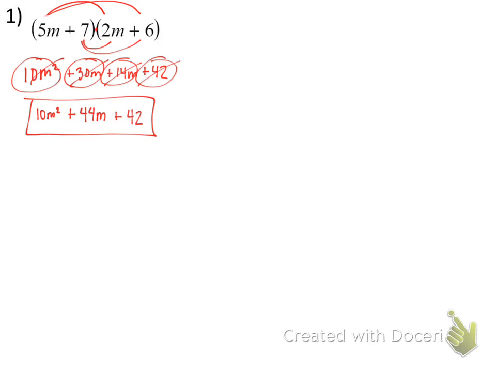Just as a quick review, what degree is this? Second. When something is to the second degree, we call that quadratic. What was the first degree? Linear. Third degree then is, what do you think? Cubic.